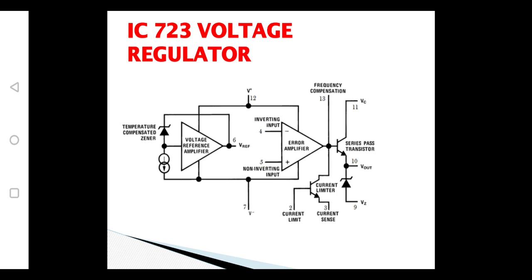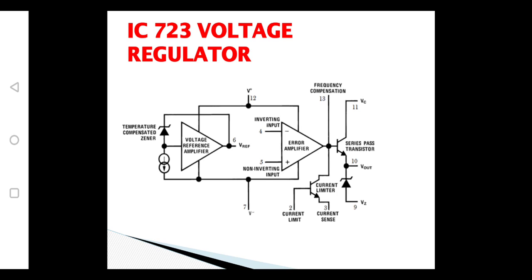723 voltage regulator. If we observe this, the first block has a reference voltage amplifier followed by a Zener diode, and the second block has an error amplifier followed by a pass transistor. So the complete block has been divided into two separate sections.